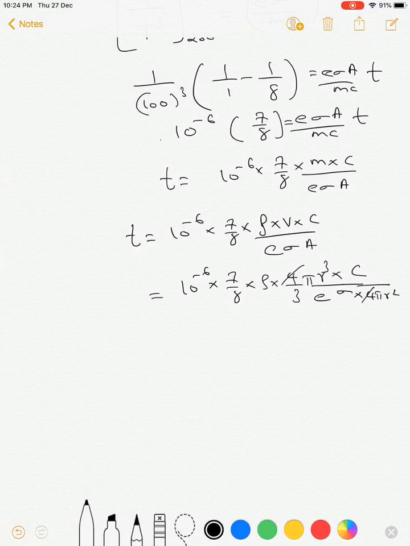So we can cancel the 4, the pi, and an r here. We can write this expression as 10 raised to minus 6 into 7 divided by 8 into rho c divided by 3 E sigma.